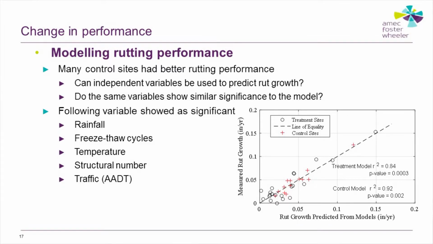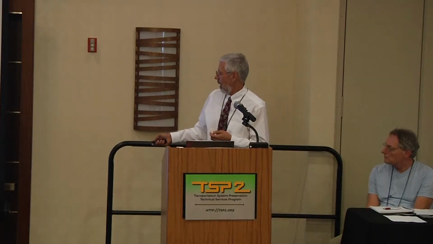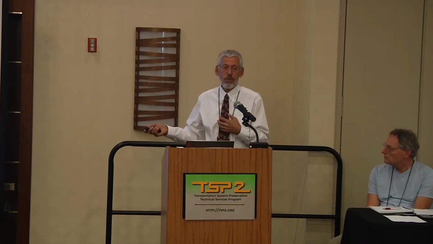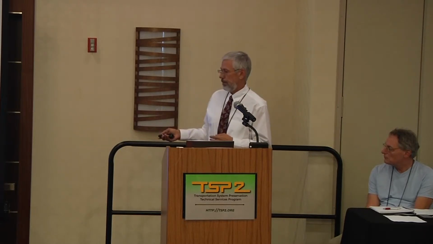On the x-axis, you have rut growth predicted from the models. Y-axis, rut growth actually measured. This is what we found from the data from the state DOTs and LTPP. The dashed line is the line of equality, and you'll notice that most of the points, perhaps not all of them, are on top of the line, but they're very close to the line, and that's good. So our predicted and our measured growth rates are almost equal to each other.